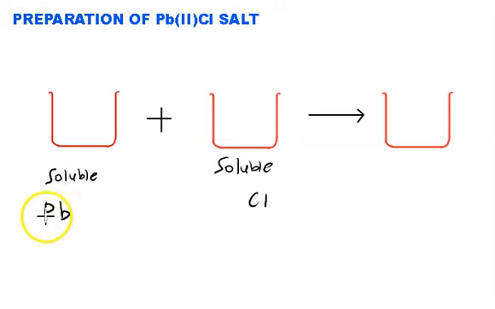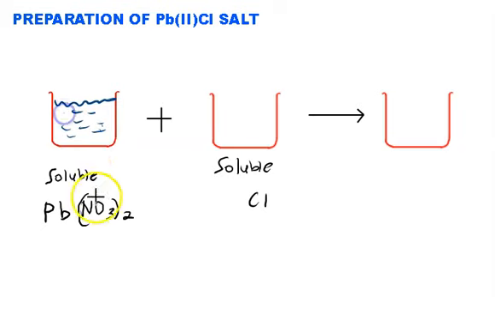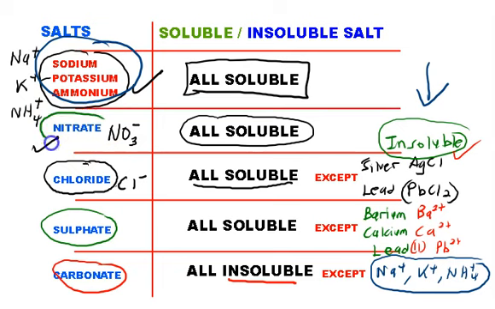For example, I'm taking plumbum nitrate. Plumbum nitrate is soluble, so you will have a solution over here. Why do I choose nitrate? Because all the nitrates are soluble.